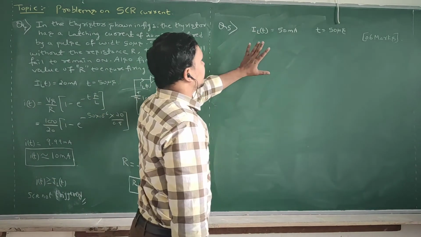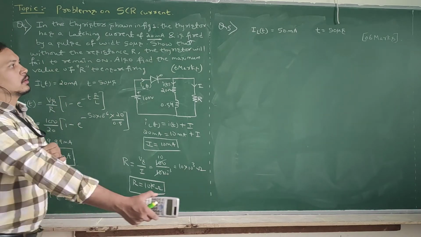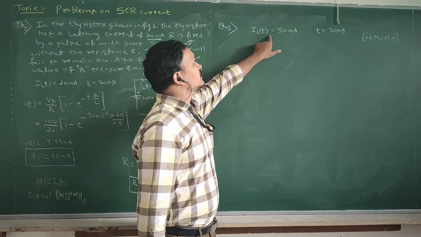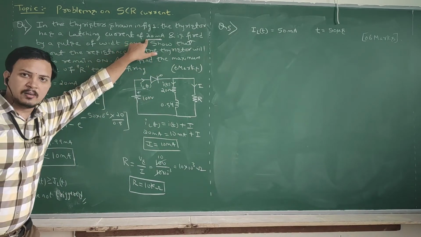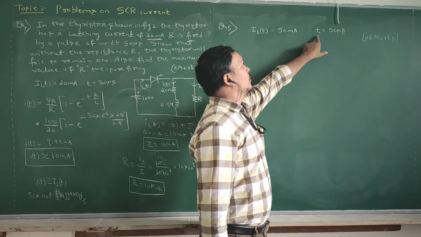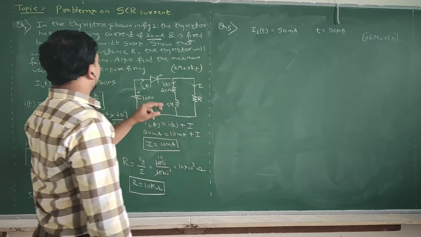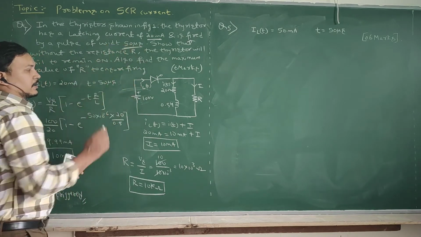See, question number 5 is the same problem, ditto, only I changed the data. Latching current is 50 milliampere. What was given here? 20 milliampere. Now it is 50 milliampere. The pulse width time is 50 microseconds, and here also 50 microseconds.